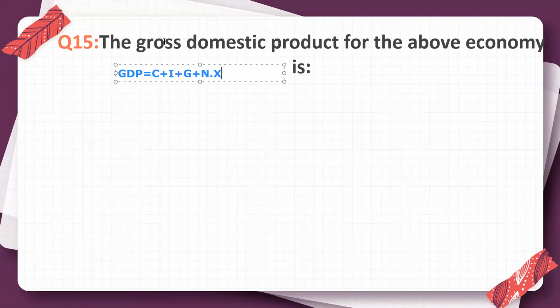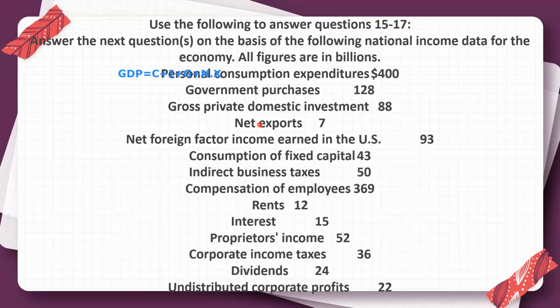So back to our data, we will use 400 plus 128, the government purchase, plus the gross private domestic investment, 88, plus the net exports.